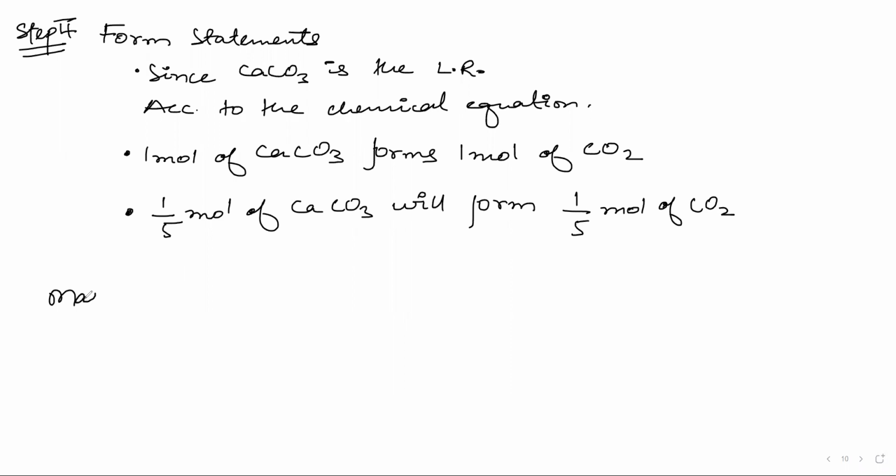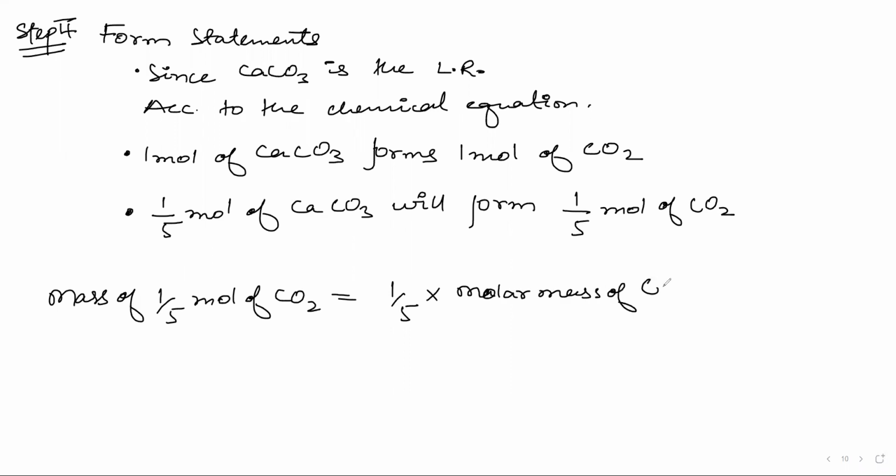The mass of 1 by 5 mole of CO2 will be equal to 1 by 5 into the molar mass of CO2. Molar mass of CO2 will be equal to carbon's mass, 12 grams, plus 2 oxygens, which is 32, so this will be 44.